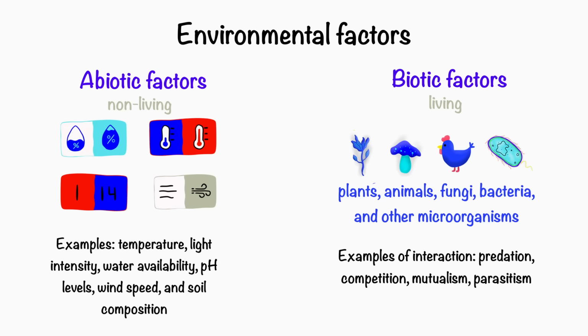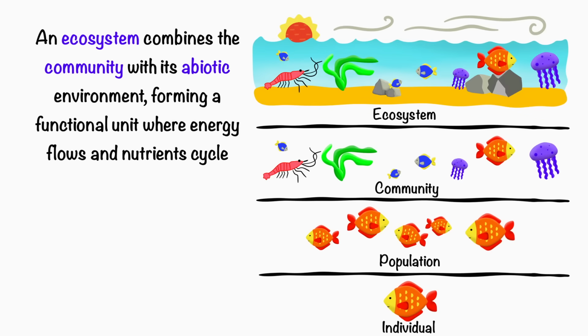Biotic factors encompass all living components within an environment, including plants, animals, fungi, bacteria, and other microorganisms. These organisms constantly interact through predation, competition, mutualism, parasitism, and numerous other ecological relationships. An ecosystem combines the community with its abiotic environment, forming a functional unit where energy flows and nutrients cycle.